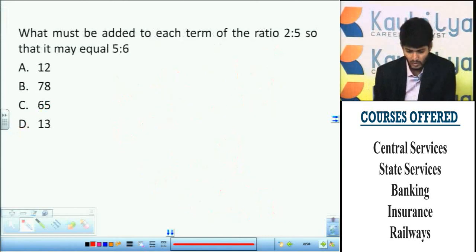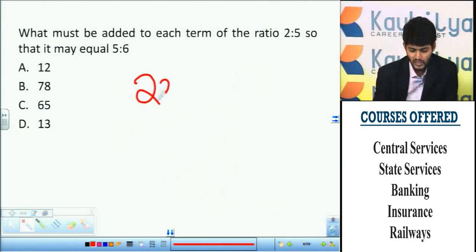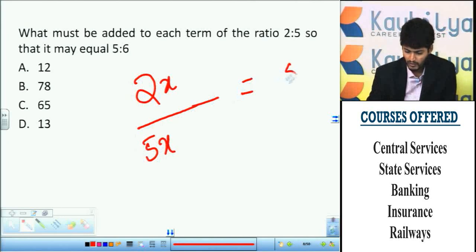Okay, let's move on to the next problem, which is again a ratio problem. What must be added to each term of the ratio 2:5 so that it may equal 5:6? In this case, the given ratio is in the form 2/5. So let me take the values as 2x and 5x. What you need to add to these two so that the ratio transforms into 5:6?